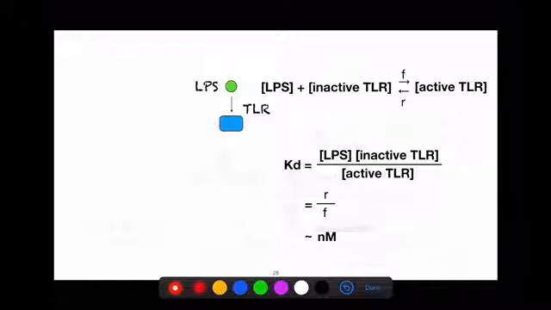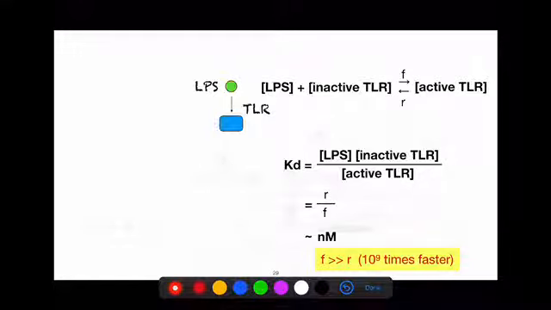Now we get to think about the practical terms. The binding affinity, or the dissociation constant of the LPS to TLR, is actually just in the nanomolar range. What does it mean? Well, we'll see the answer in the following discussion.